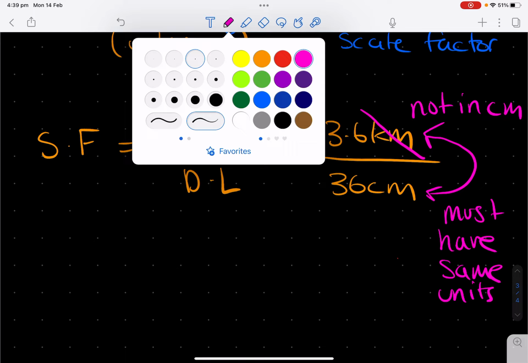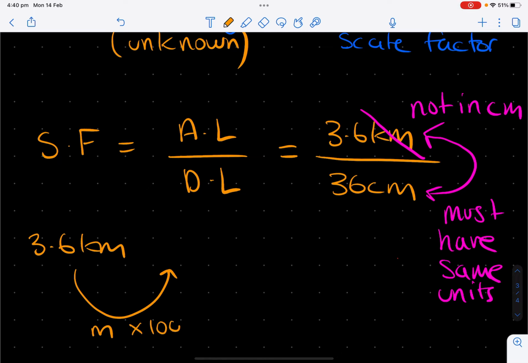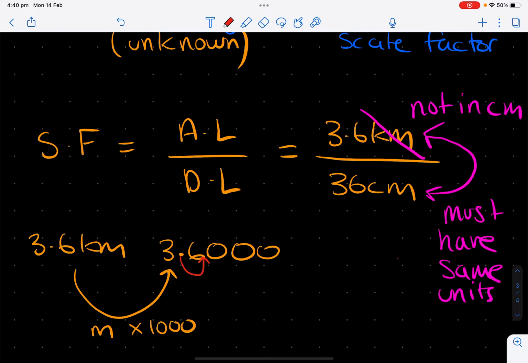I think it makes more sense to turn 3.6 kilometers into centimeters, so let's do it. The first step is we want to convert this into meters. To do that, we are going to multiply by 1,000. The way I do this is I draw a couple of zeros after my 3.6 and move the decimal over 3 places, crossing these out as I go. 1, 2, 3.